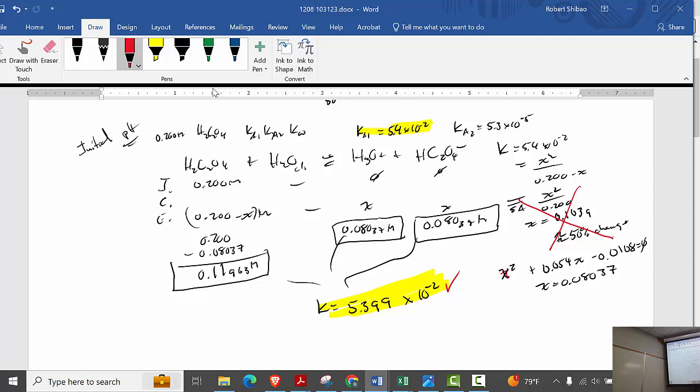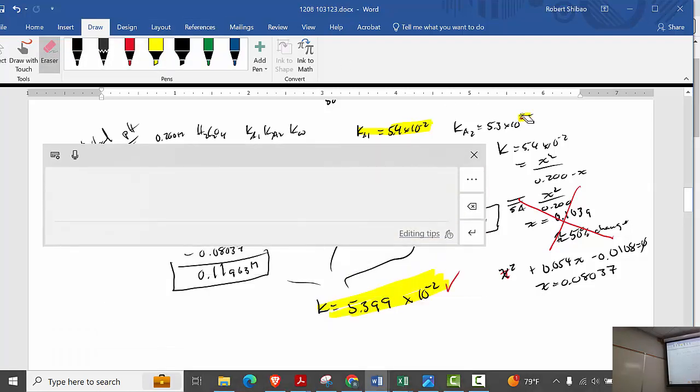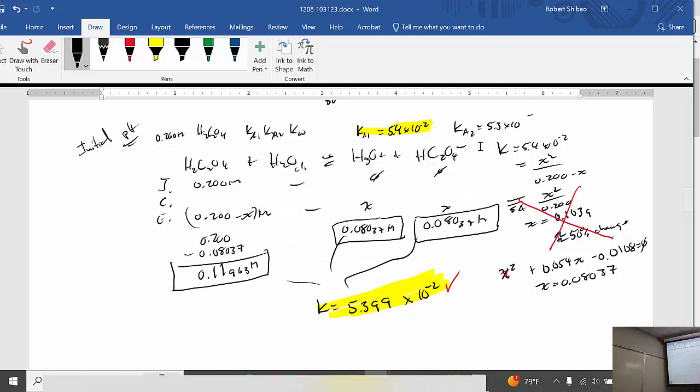All right, I don't think step 2 will contribute much, because in step 2 we go from 10 to the negative 2 to 10 to the negative 5, which is 3 orders of magnitude smaller. And so I'm going to stop here and calculate the pH.